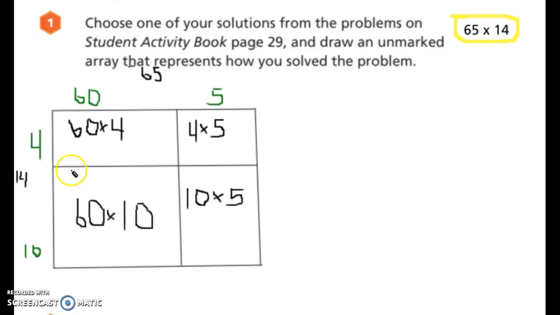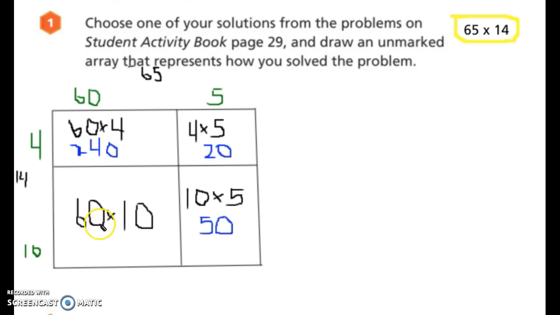multiplication problems. 60 times 4, we can think about as 6 times 4, because 60 is 10 sets of 6. We can do 6 times 4 times 10. 6 times 4 is 24, and 24 times 10 is 240. 4 times 5 is 20. 10 times 5 is 50.